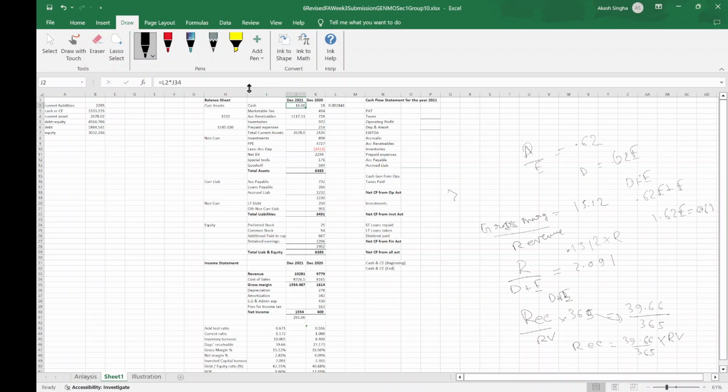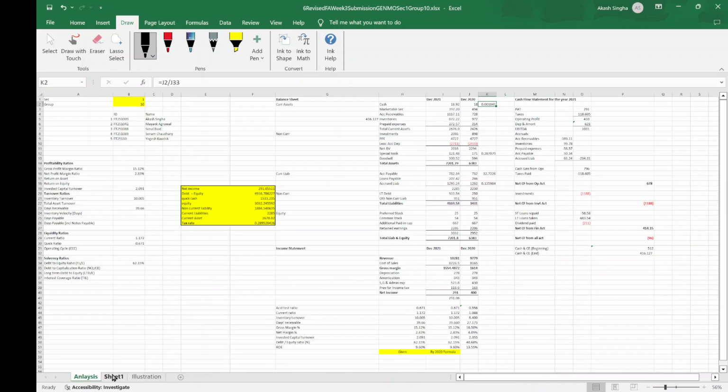So this should be, and then this should be in 33 minus 18.92 minus this value. So 396.97 inventories and prepaid expense. This again, I think, we have to calculate some ratio.